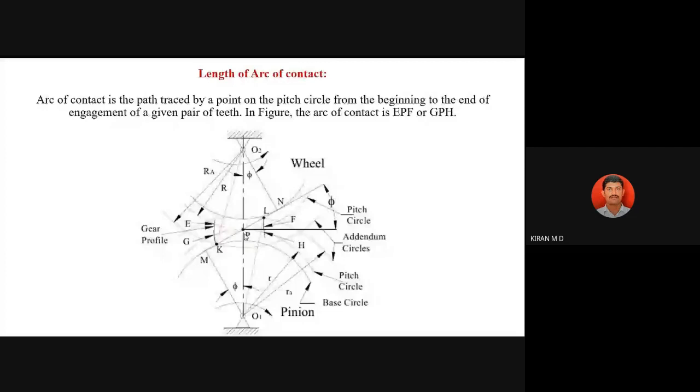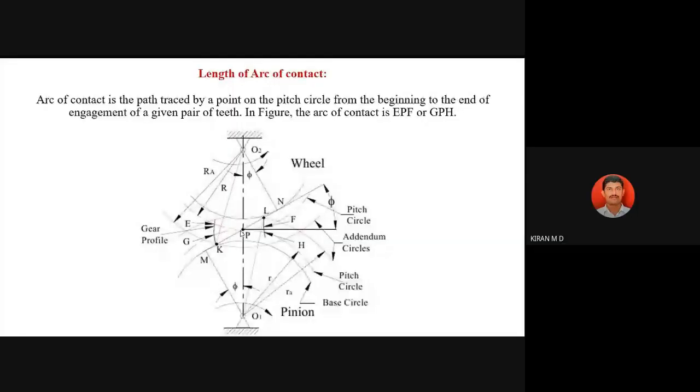Contact, we are measuring on the pitch circle. See, if you want to measure the length of arc of contact, it is from G to P to H. Instead of taking the arc, which is very difficult, we consider this straight line.